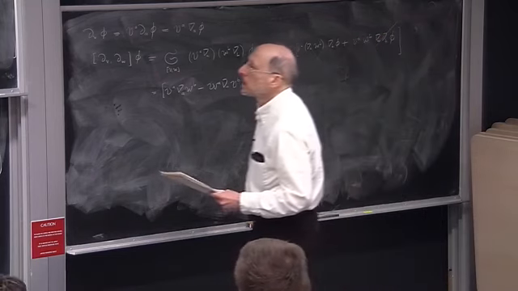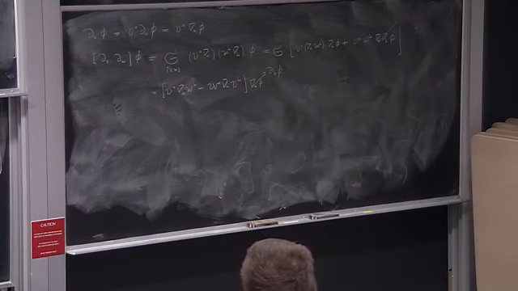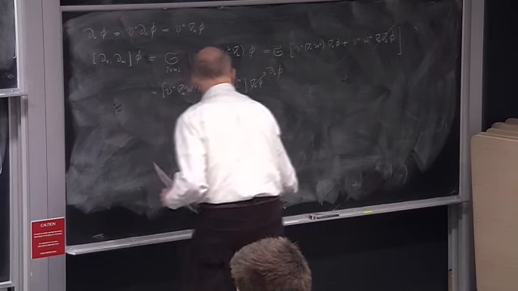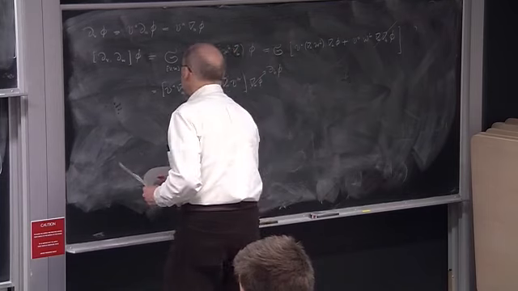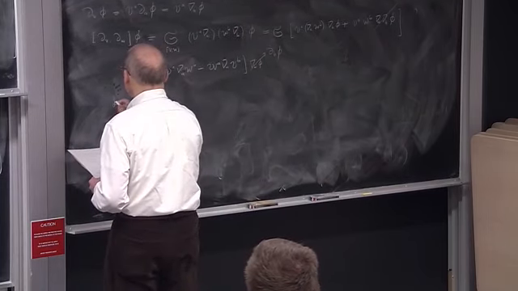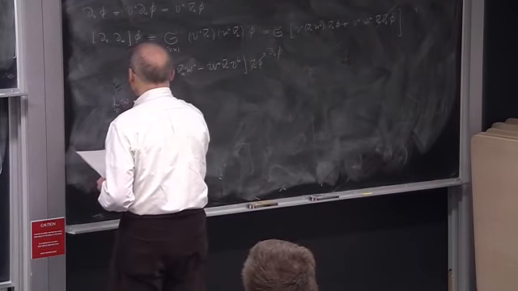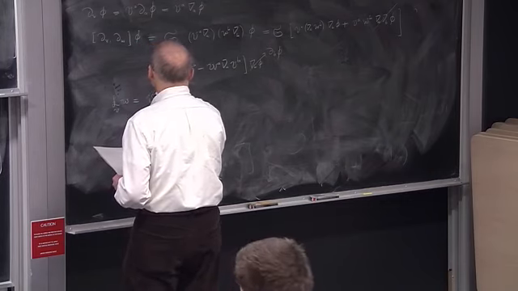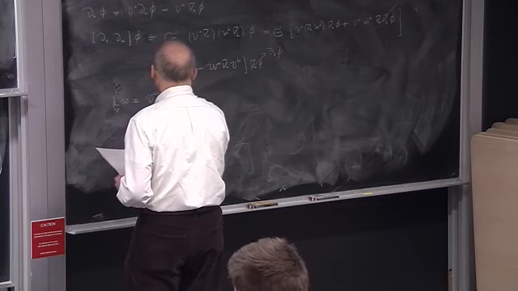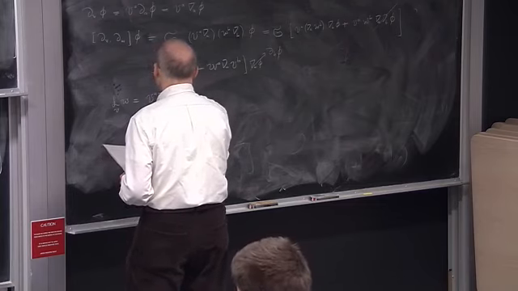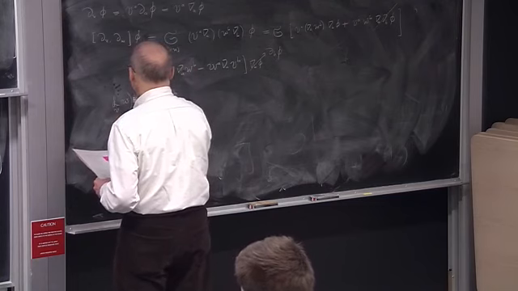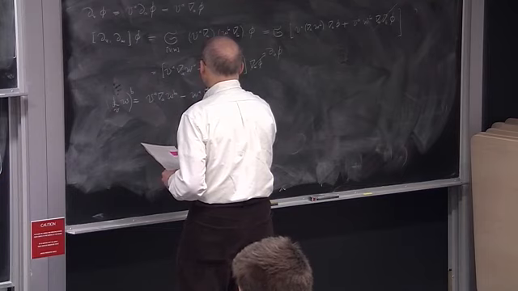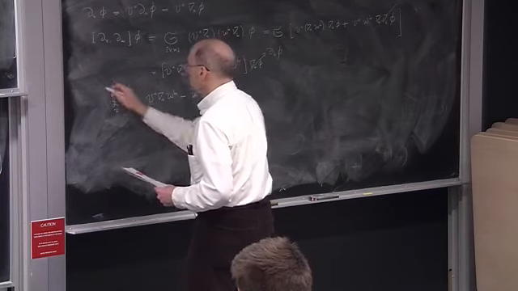And then you just compare this formula with this formula, and you see that we've computed the Lie derivative of W with respect to V. So the conclusion is that the Lie derivative of W with respect to V is exactly this combination: V^A grad A W^B minus W^A grad A V^B.